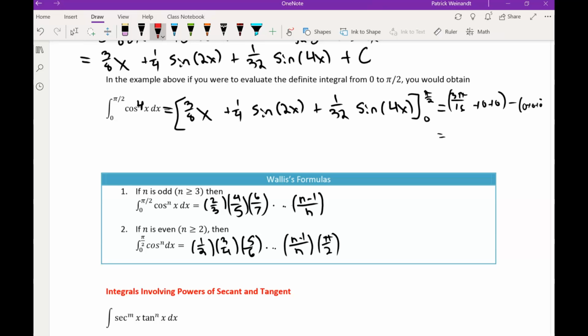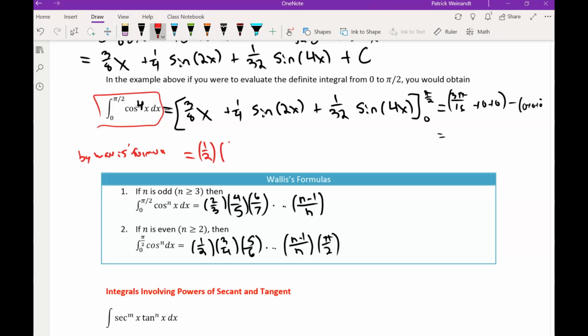So for example, if we were to rewrite this using Wallis's formula, I'm going from 0 to pi over 2 of cosine to the 4 of x dx, so my n value would be 4. It's even, and it's greater than or equal to 2, which tells me, by Wallis's formula, the definite integral is going to be the same as 1/2 times, adding 1 to the numerator and denominator until my denominator becomes the same value as my exponent.